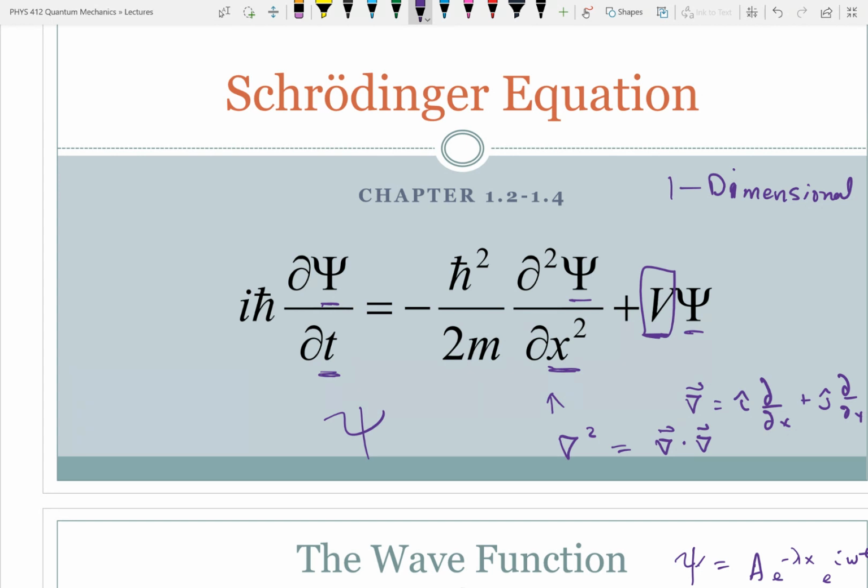So a wave function that satisfies the Schrödinger equation will still satisfy the Schrödinger equation if I multiply it by any complex number. I say complex because it doesn't have to be real. It doesn't have to be complex either, but it can be purely real, but it could be complex.